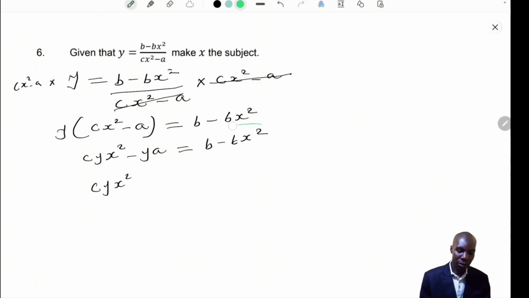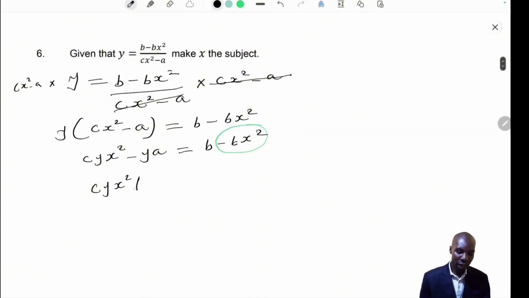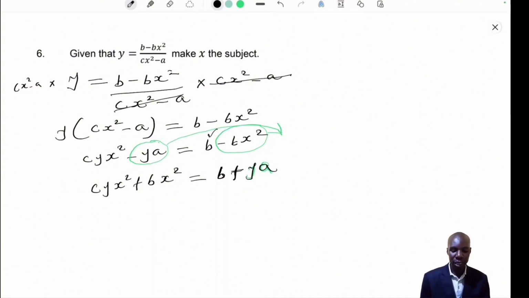If you bring minus bx squared to the left hand side, we are going to have plus bx squared should be equal to b, plus, because if I bring minus ya to the right hand side, it is going to be ya. So we have b plus ya on the right hand side, and on the left hand side we have cyx squared plus bx squared.